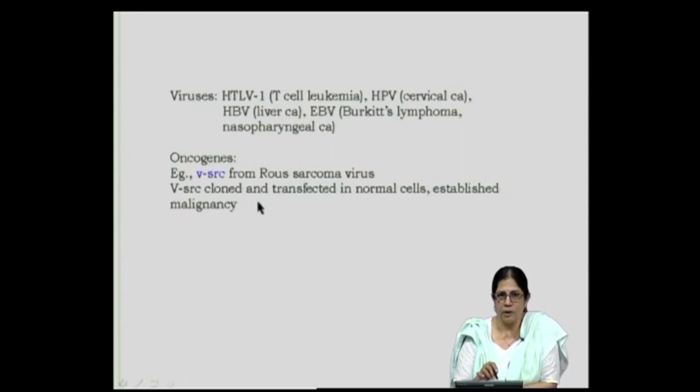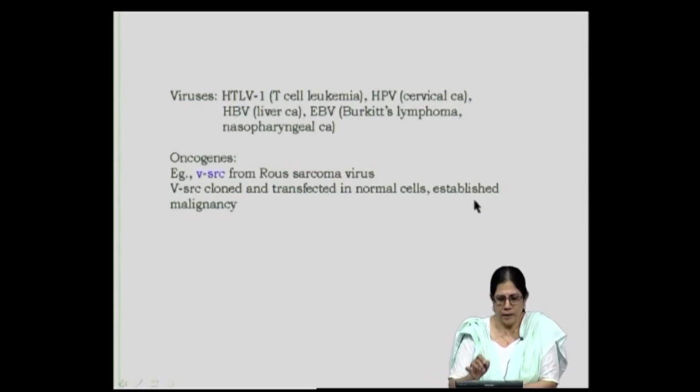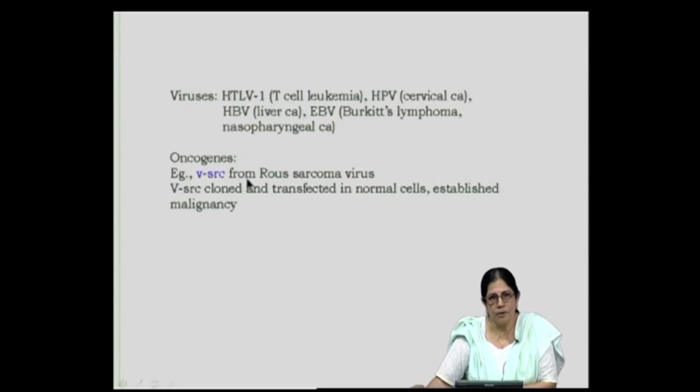Now, Rous sarcoma virus is a virus in chickens. When this particular gene of the Rous sarcoma virus is cloned and then transfected into normal cells, it establishes malignancy. So, again directly relevant, oncogenes have been shown to cause cancer by simple transfection, introducing this gene into normal cells.